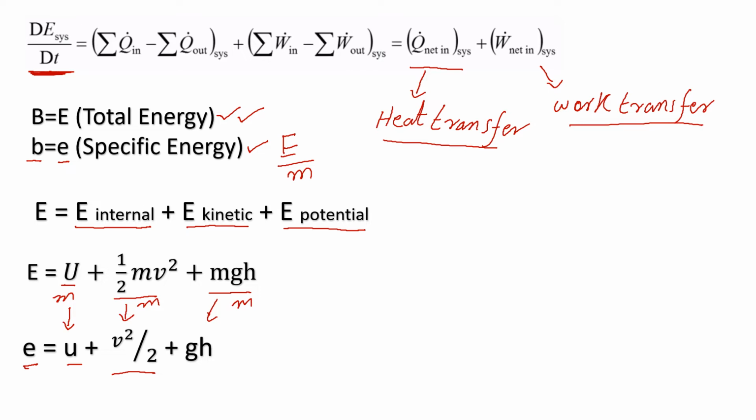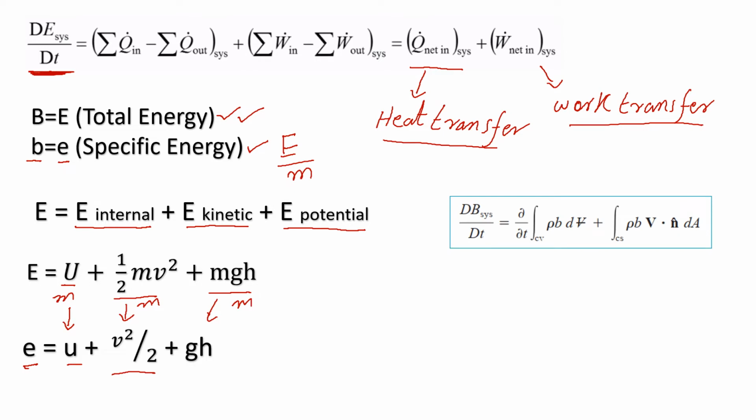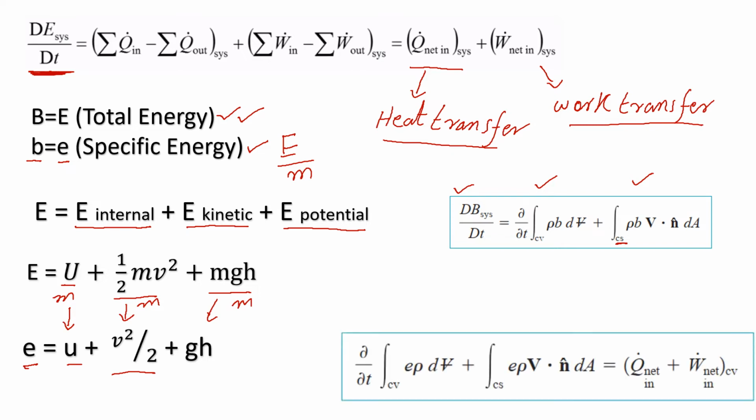So now if we look at the generalized form of the Reynolds transport theorem, if you remember, this is how it looked. That is, the total change in the extensive property of the system is equal to the partial change inside the control volume plus the net flow into and out of this control volume through these control surfaces. So now let's look at our Reynolds transport theorem for conservation of energy, and this is how it looks.